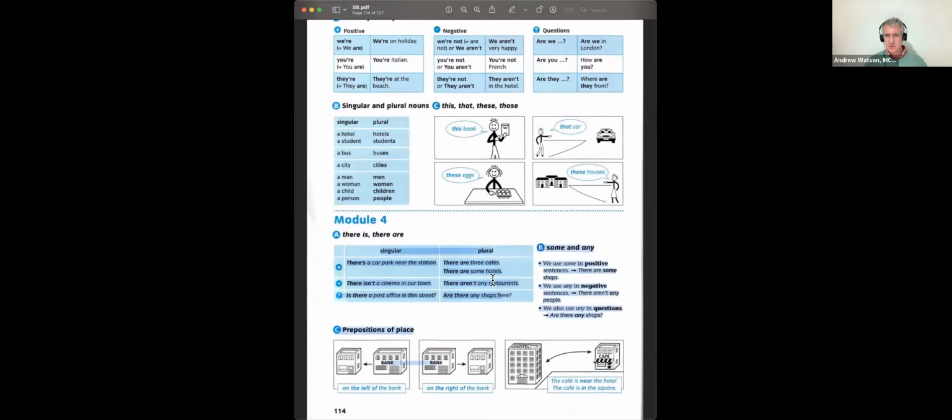Yeah, this is quite useful. You could put all these on stickies on a Jamboard and have two sections, singular and plural, negative and questions. Maybe have a table, and you could get the students to move them into the right sections on the table. That would be a good way for them to learn about the form.